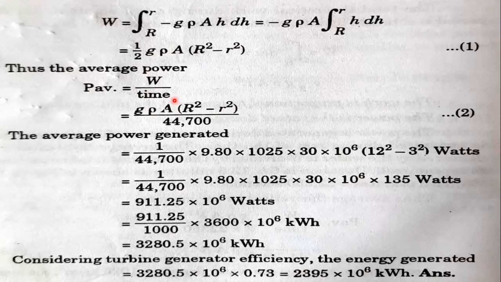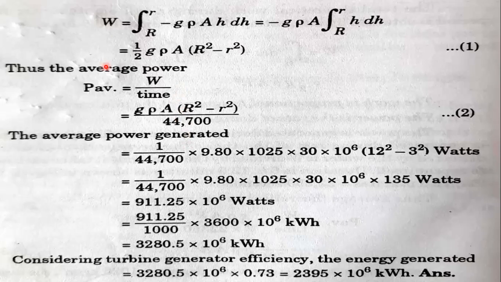and 2 into time. Here time is taken as, from the previous sum, that constant time 22,350.